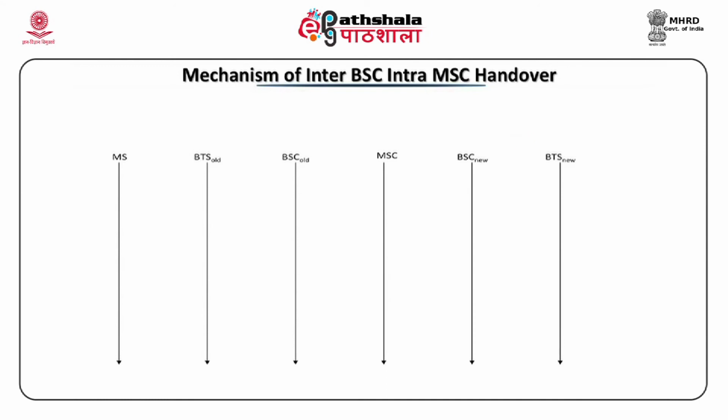That new base station belongs to the new BSC area, but to the same MSC. You can see in the diagram that there is a mobile station, then BTS old indicates the old base station of the mobile phone, BSC old indicates the old BSC area, both belonging to the same MSC. BSC new indicates the new BSC area, and BTS new indicates the new base station area.